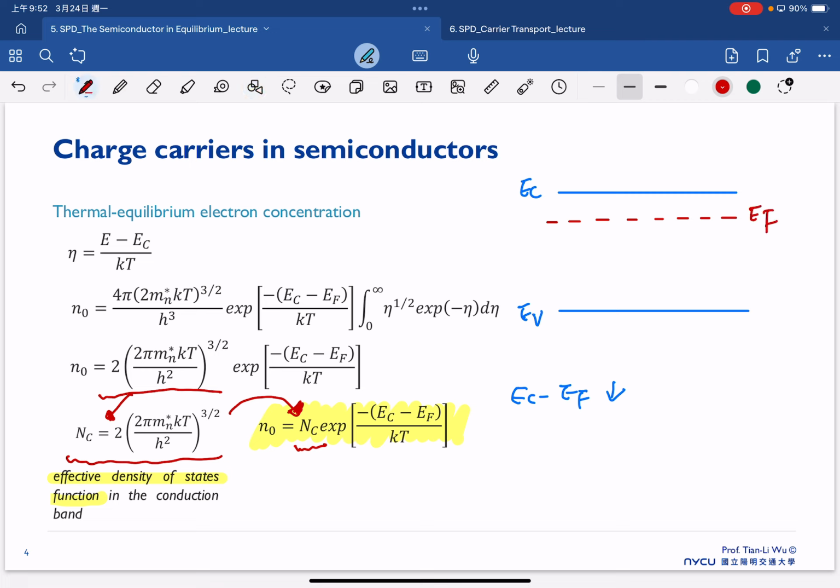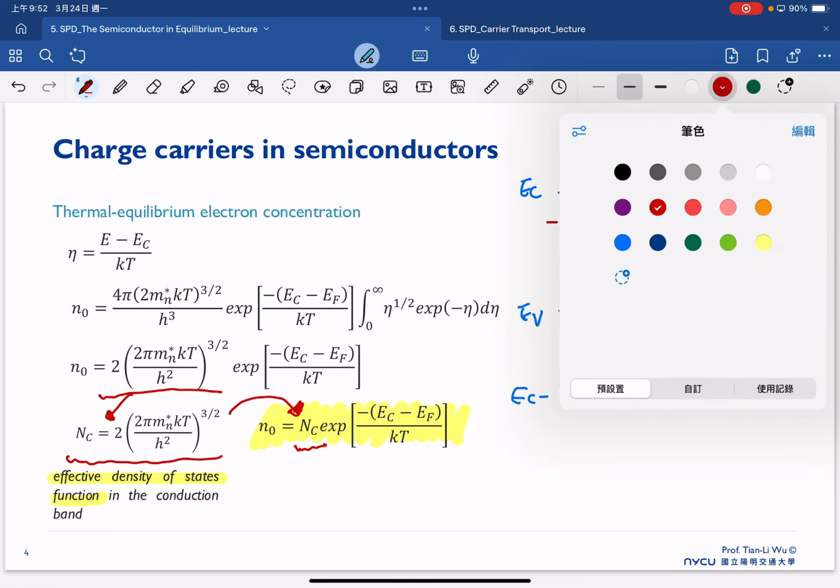EC and EV are fixed lines that we cannot change, mainly dependent on the band gap of the semiconductor material. The only thing that can possibly be adjusted is EF. So EC minus EF decreasing suggests that EF is close to EC.